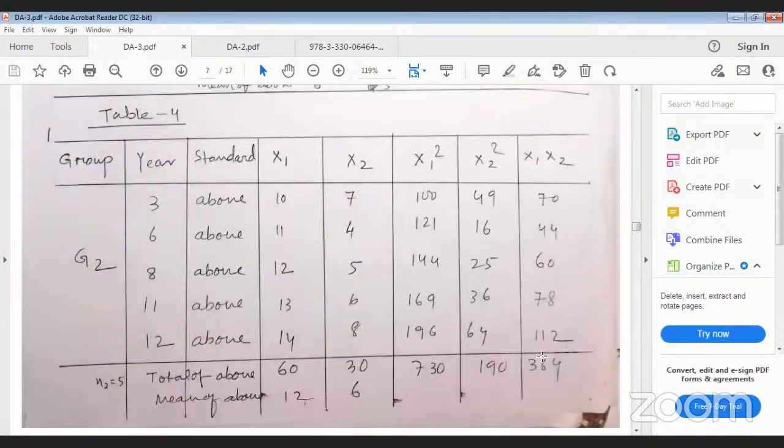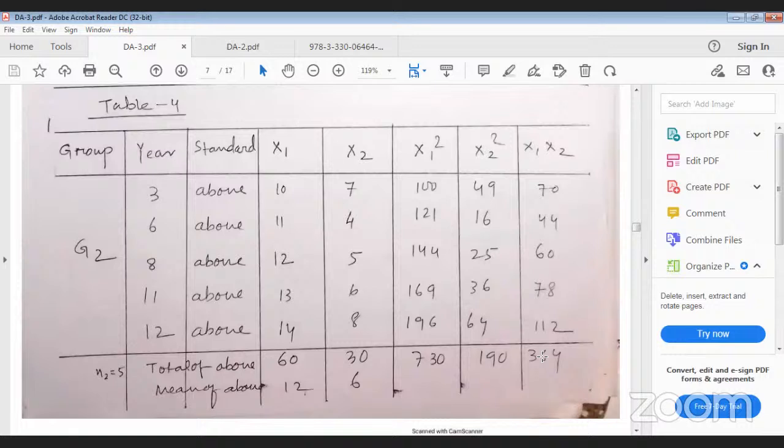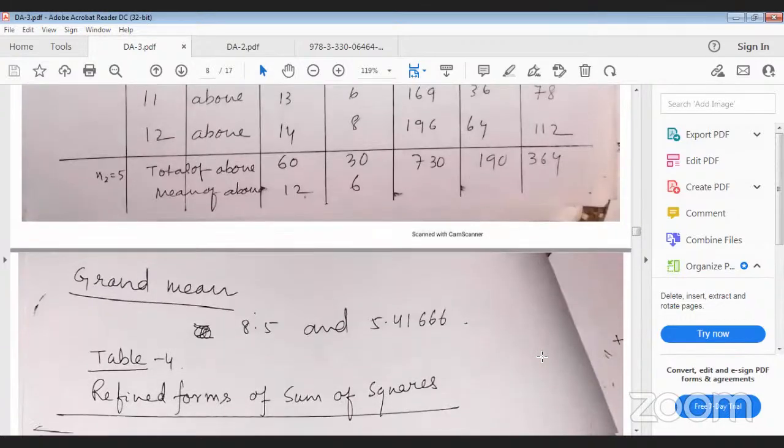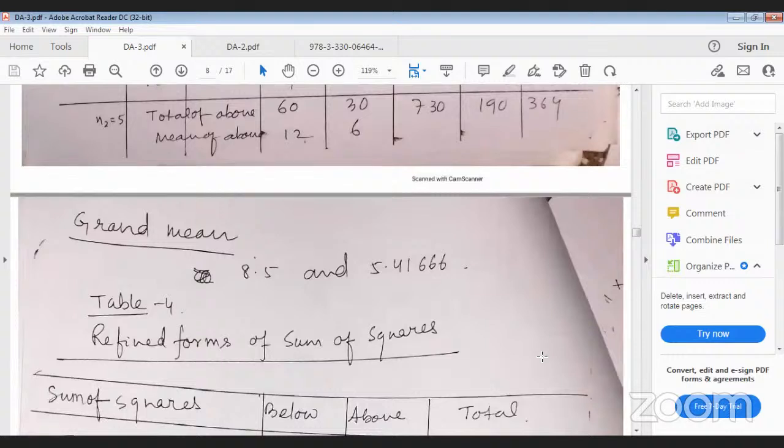The number of items is 7 for group 1 and 5 for group 2. Then you go for the grand mean, which you already know: 8.5 and 5.4166.